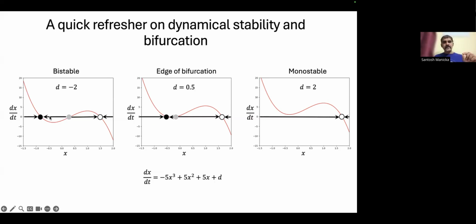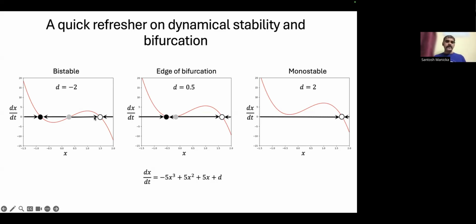And if you move it a little bit to the right, it will come back to it. Likewise, the white stable equilibrium, if you move it a little to the left or to its right, it will come back to it. But the gray is known as an unstable equilibrium, because if you move it to the left, it will go to the black state, and if you move it to the right, it will go to the white state. So white and black states are stable equilibria, and the gray state is unstable.